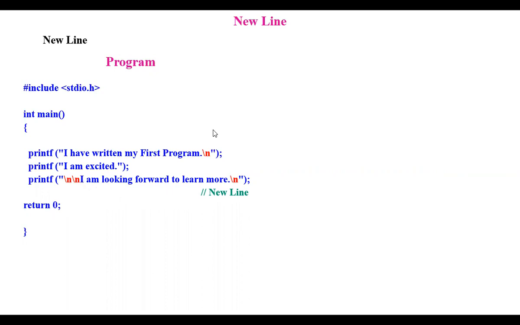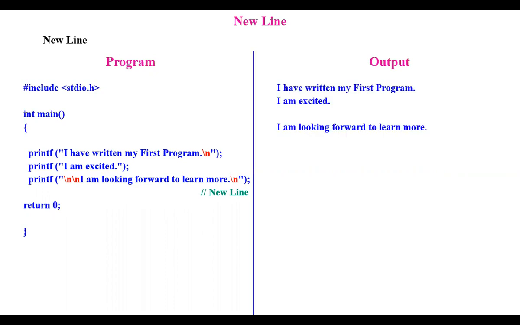Let us see the output. So the output will be, you have seen one line, right? New line character. This one line. And here we have 2 new lines. In the sense, from here, it has to start here. But because of the second new line character, it skipped this one and started another new line.